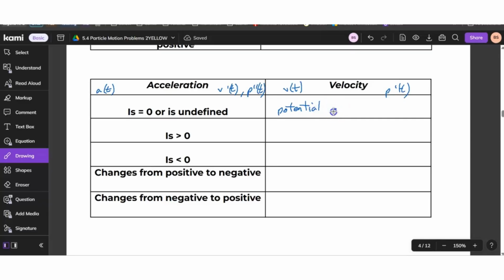So it's a potential change in velocity. If the acceleration is positive, that means the velocity has to be increasing. And if the acceleration is negative, the velocity is decreasing.